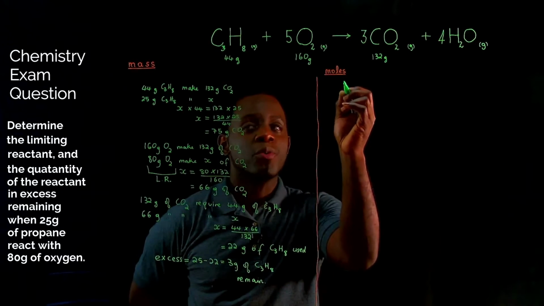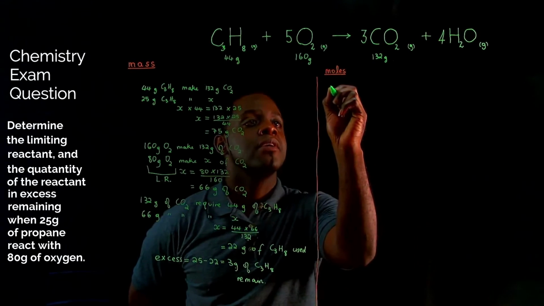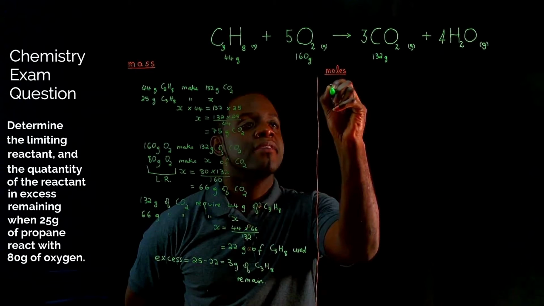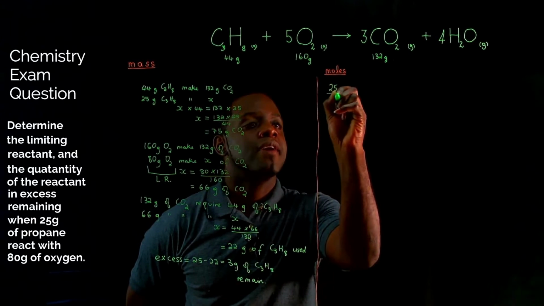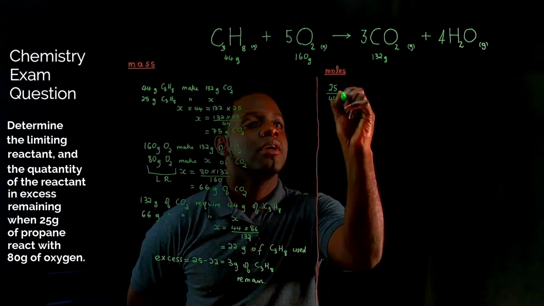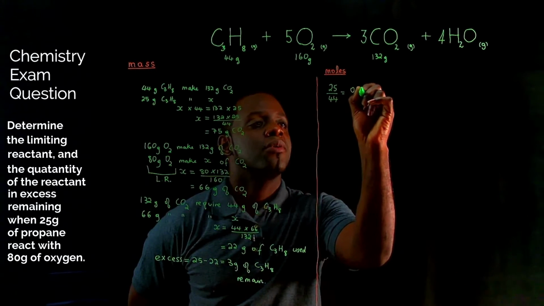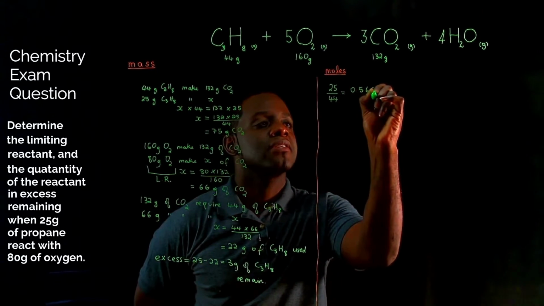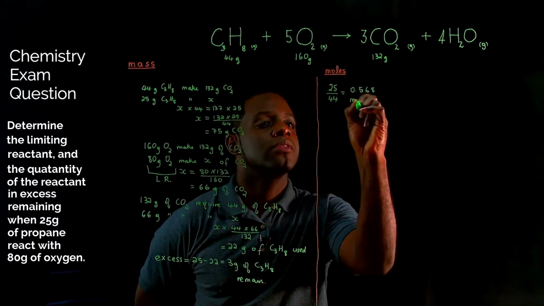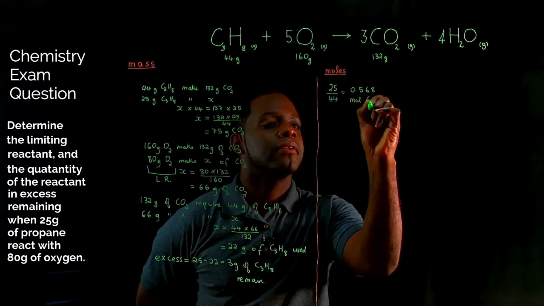So starting with propane, we have 25 divided by 44, which is 0.568 moles of propane.